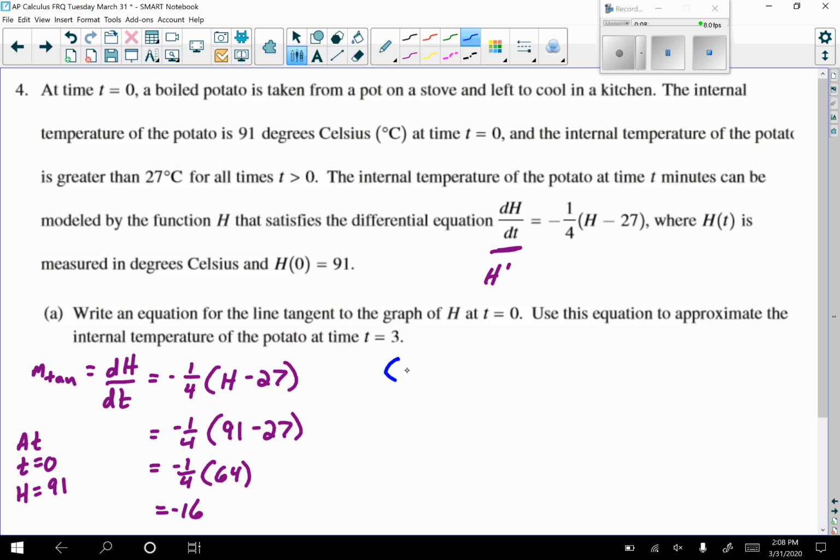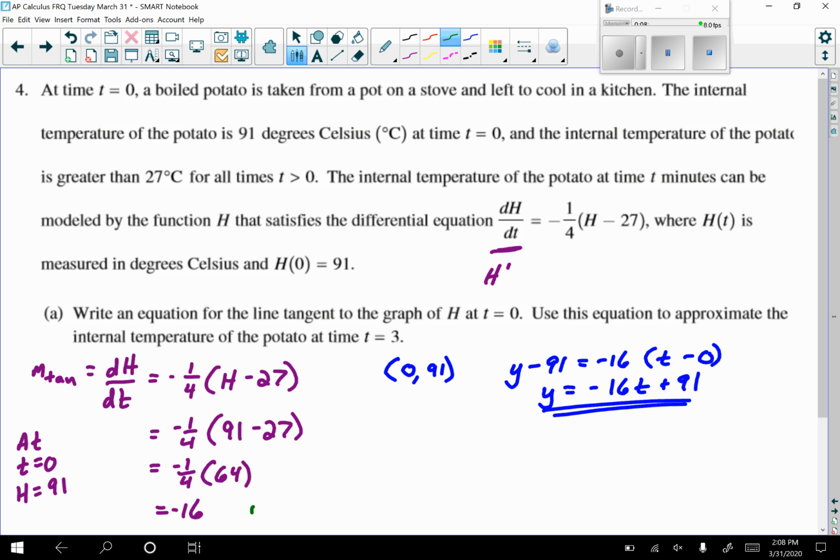Our point, again, is 0, 91. So we could use point slope form. We could say y minus 91 equals our slope, negative 16, times t minus 0. So solving for y, we get y equals negative 16t plus 91. So there's our equation. You get 1 point for figuring the slope.